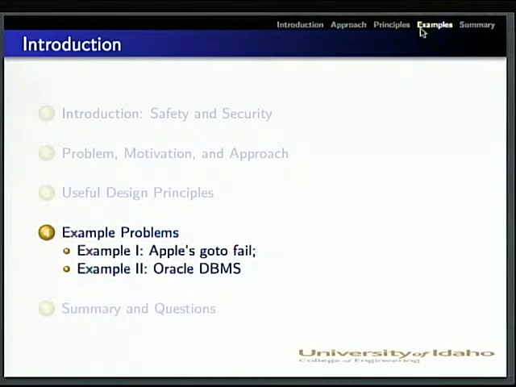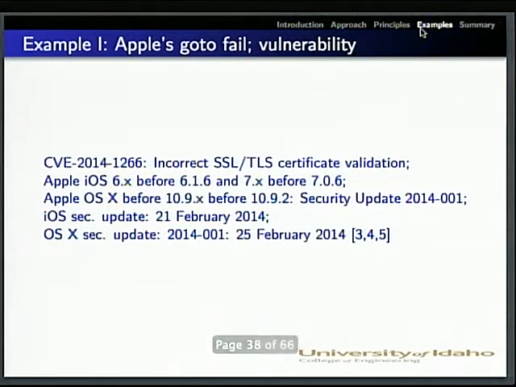So let's look at two example problems. One of them is the Apple Go to Fail, which is a pretty recent problem, and the other one is a vulnerability in an Oracle database. The Apple Go to Fail is a vulnerability that was introduced in what is called the SSL/TLS library, which is the library that is used when you connect to a website securely.